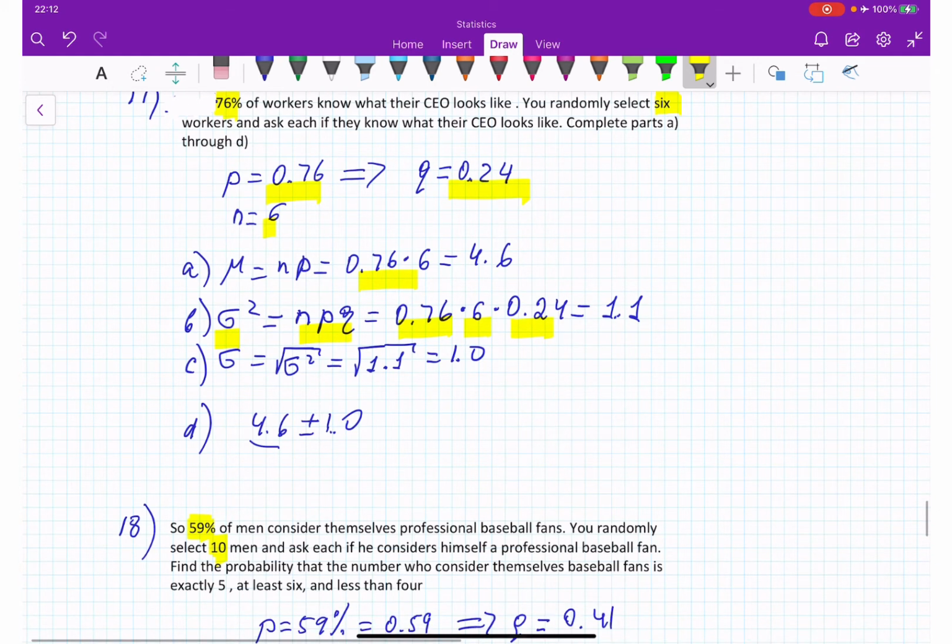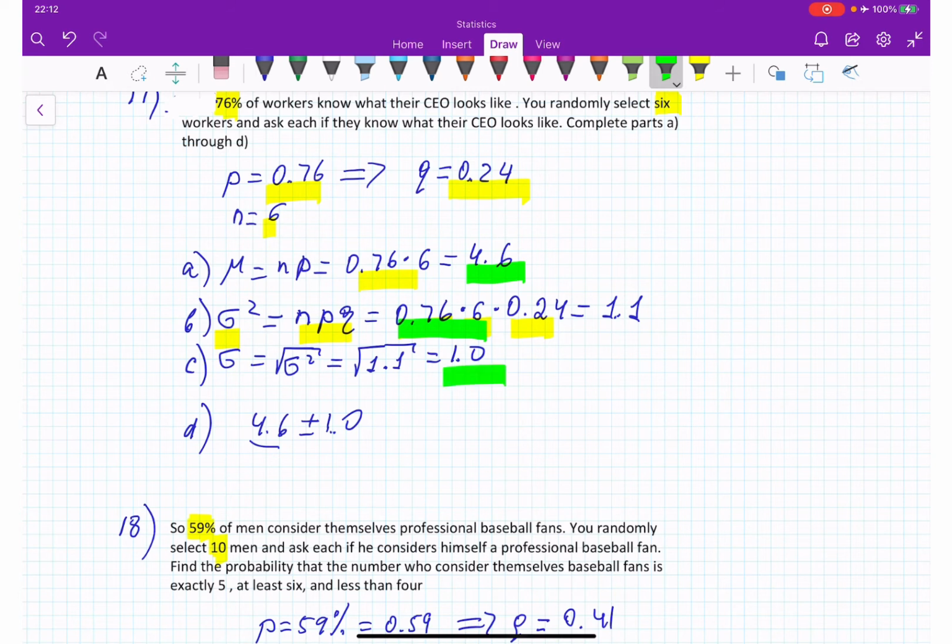Or you can take 4.6 multiplied by 0.24. And standard deviation is the square root of sigma squared, which is going to give you 1.0.